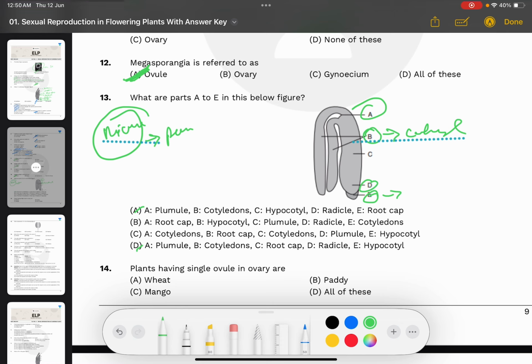D is radicle, and E is root cap. A option is right. Let me check. Actually, the last portion of these two diagrams I have not studied in school also. So yes, it is the right one.